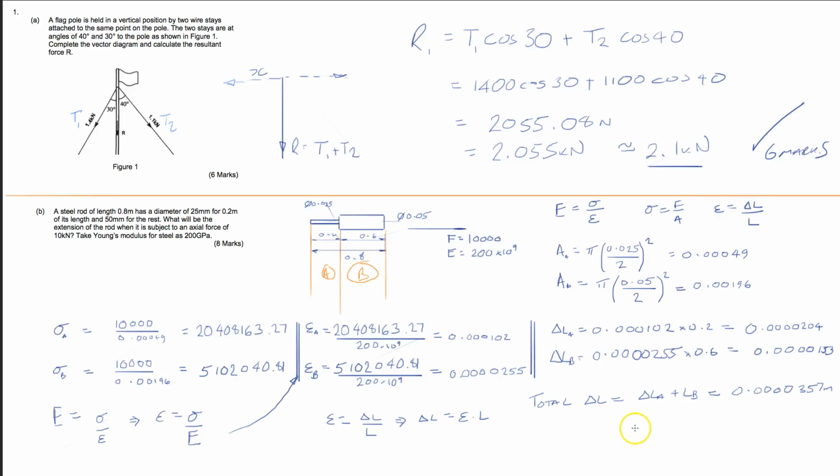Times it by 1,000 to get it in mil. That would be fine to leave the answer as that, but let's times that by 1,000. So we get 0.0357 millimeters extension across the whole bar.